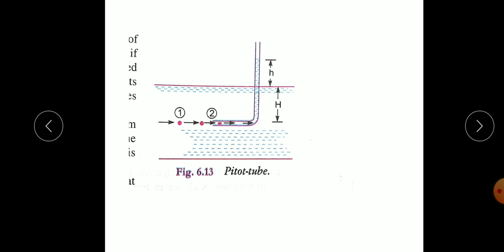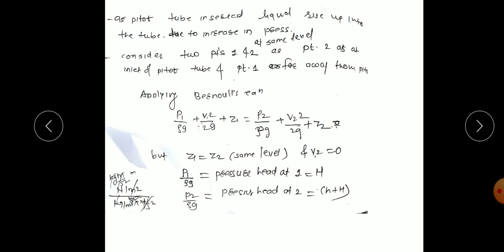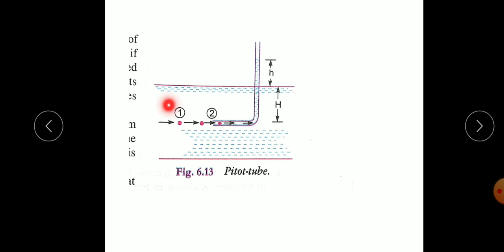Local means if you have to measure the velocity at different points along the flow, we can use the pitot tube. So again, applying Bernoulli's equation at the two sections of the pitot tube: at section 1 the velocity is there, and at section 2 we assume the velocity is 0, that is the flow becomes stagnant.